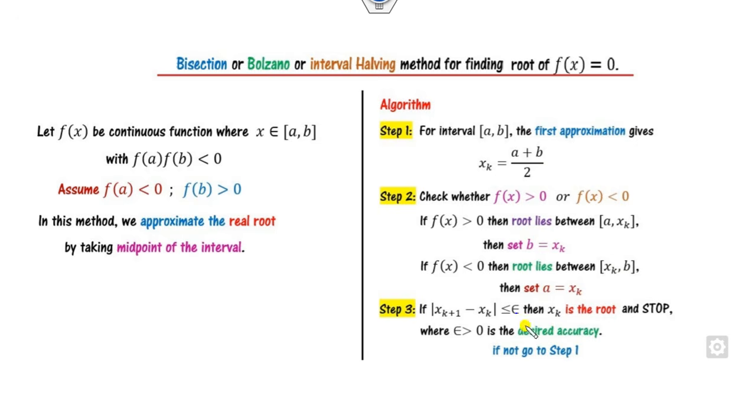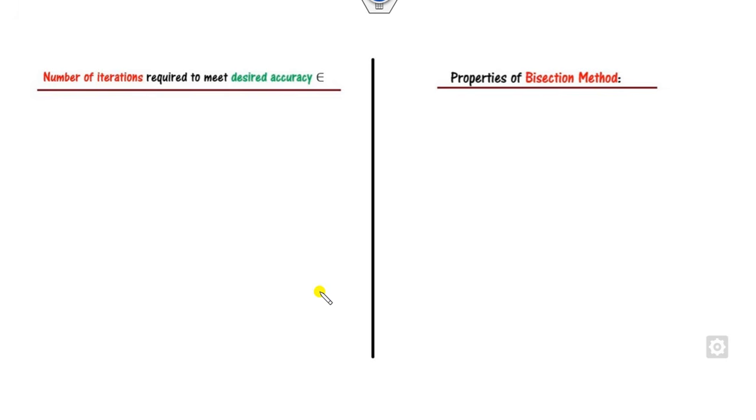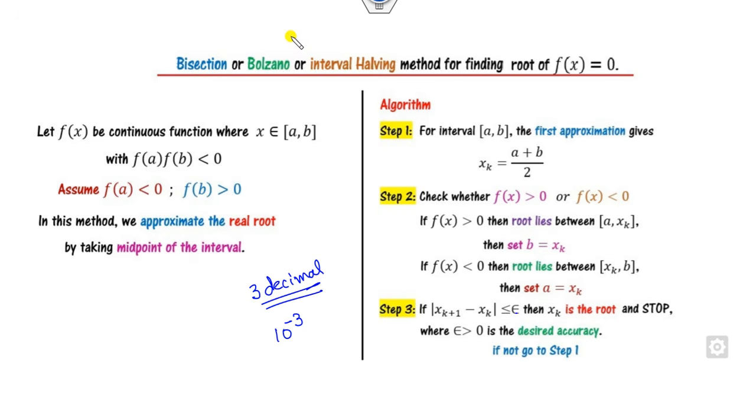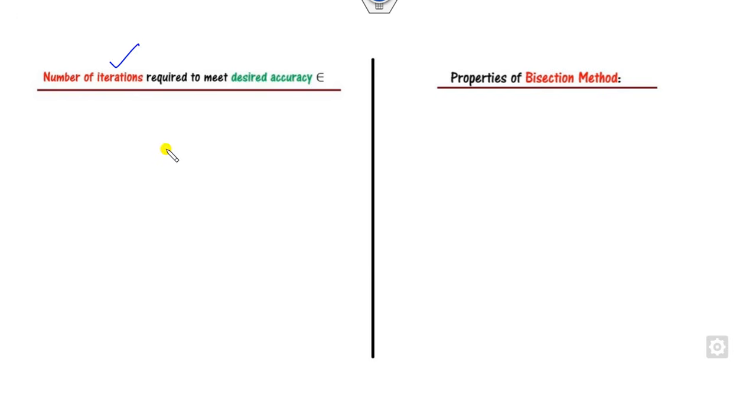Here epsilon is my desired accuracy, it can be 10 to the power minus 3. We can find the decimal up to 3 decimal places, 4 decimal places, and so on. Since it is an iterative process, we may take an infinite number of steps. So can you find in advance how many iterations we need to get this accuracy?